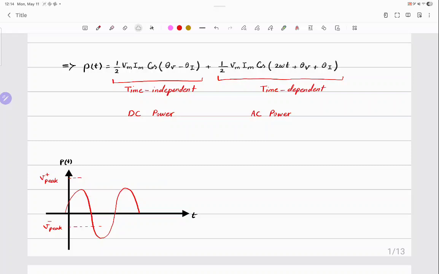Because whatever you have above the horizontal line, you have the same value below. So they cancel out, the average is 0. But do you agree that because of the DC part, right now the average of this signal is not 0? In fact, the average of this signal is somewhere here, P average.